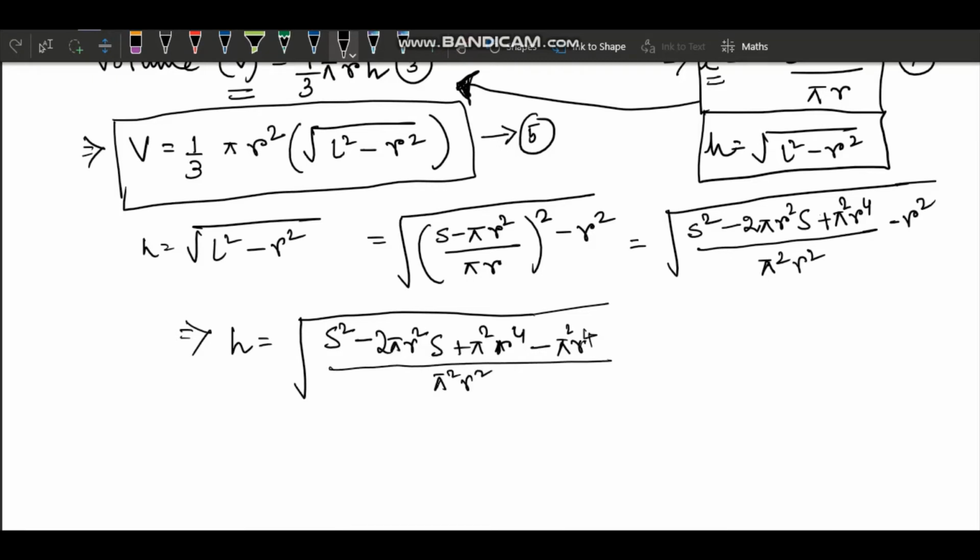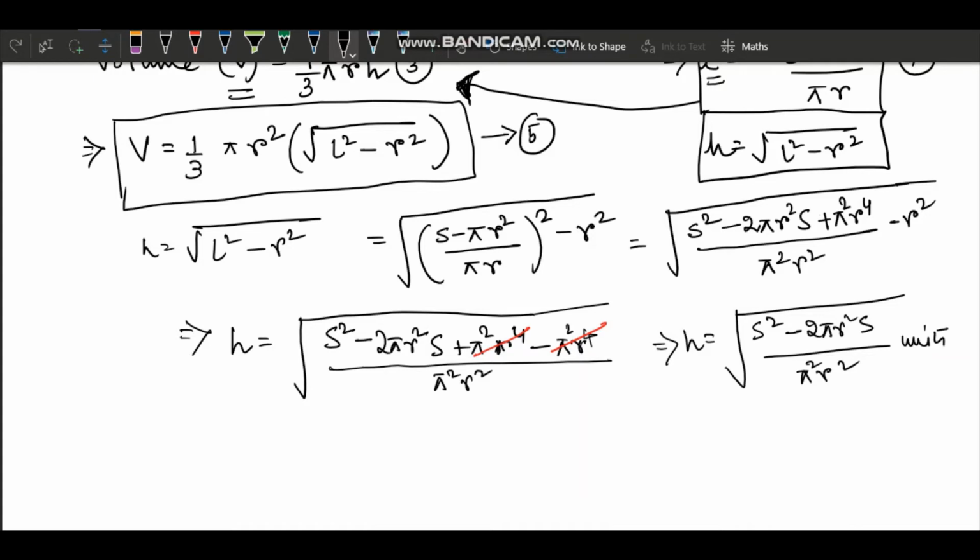So as you see, pi square r to the power 4 is getting cancelled. So we have h equal to root over of S square minus 2 pi r square S by pi square r square units.